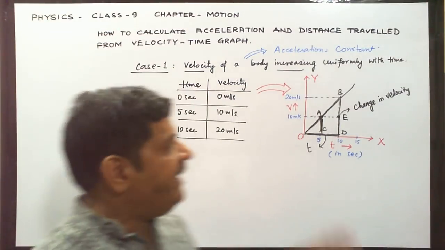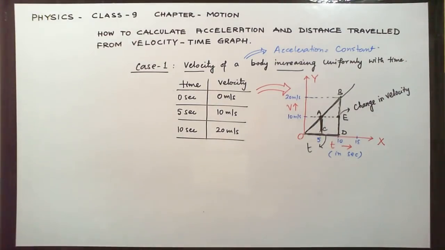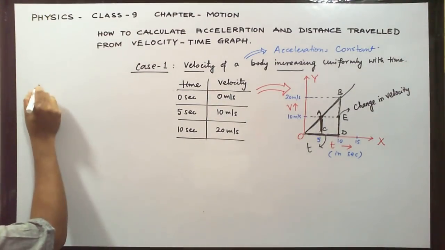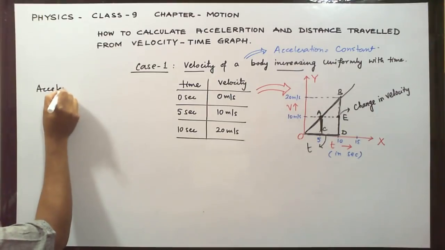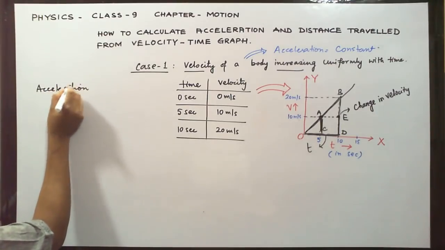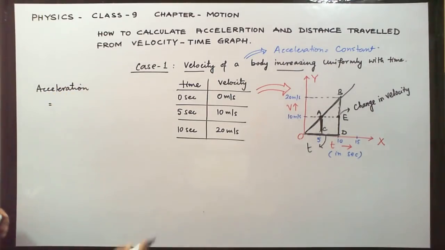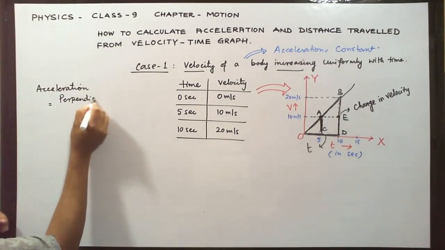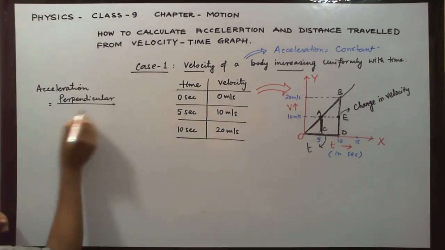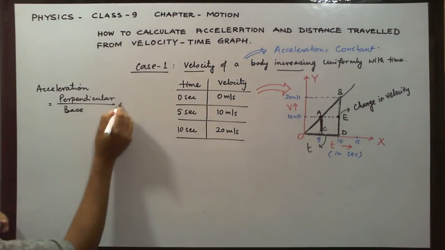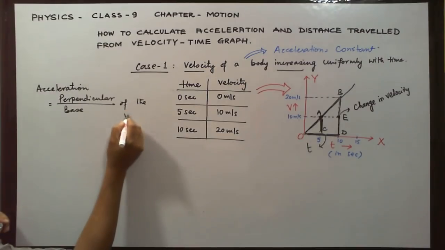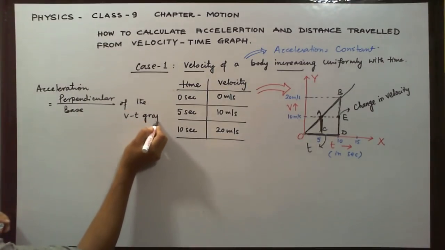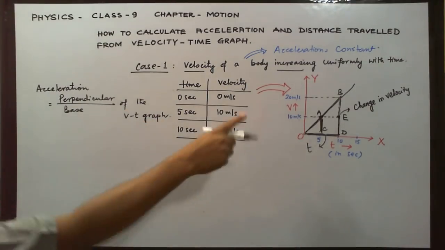So in this graph, acceleration remains constant. So how to find out acceleration? Acceleration is equal to perpendicular divided by base of the VT graph. So we have been given the VT graph.